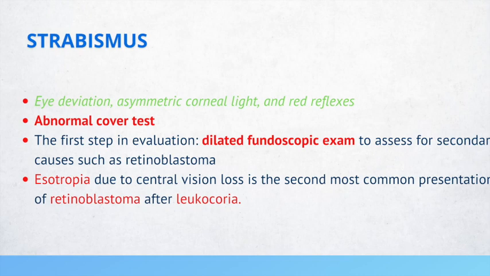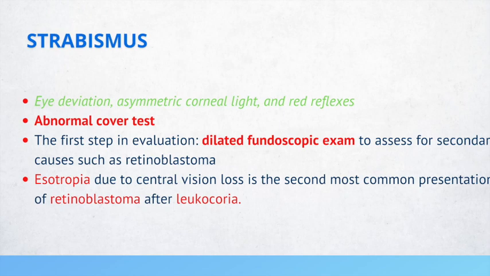If you do all of these maneuvers and you think this patient definitely has strabismus, you don't just leave it at that. The first step in evaluation of these patients is a dilated fundoscopic exam to assess for secondary causes such as a retinoblastoma.